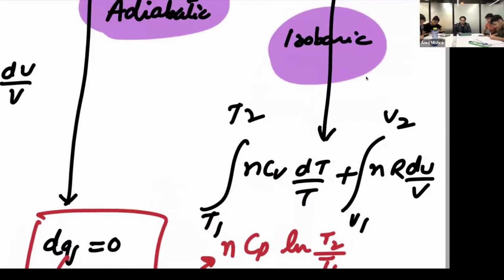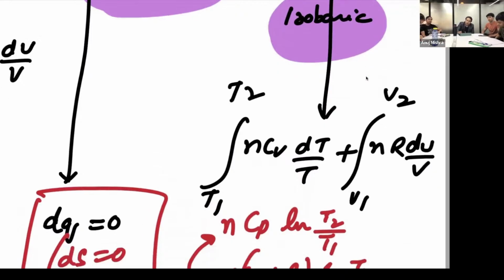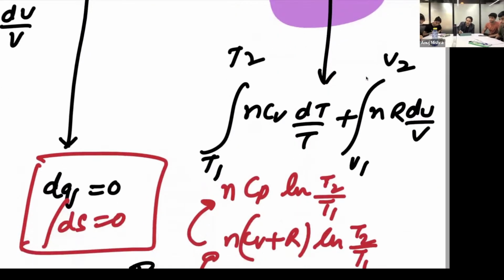If pressure is constant, can we say V is proportional to T? We will substitute. You replace V2 by V1 with T2 by T1. Because V is proportional to T, you can replace, and when you add, it becomes n times Cv plus R ln T2 by T1. Can you do that? Just try.